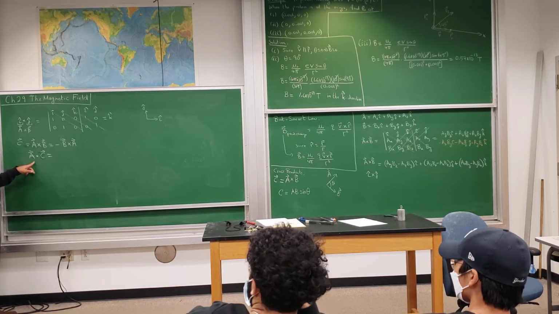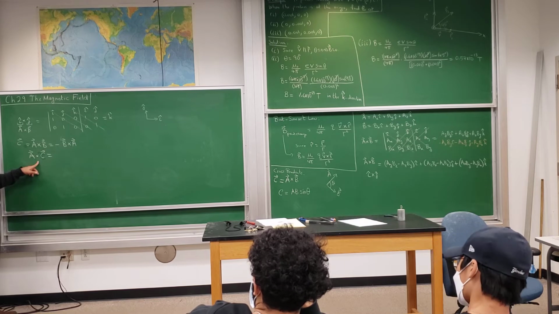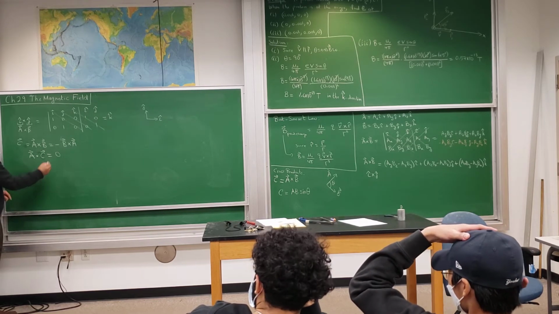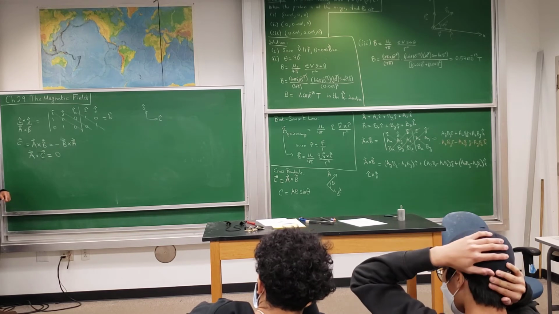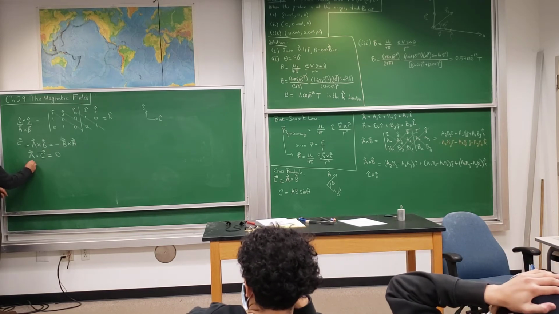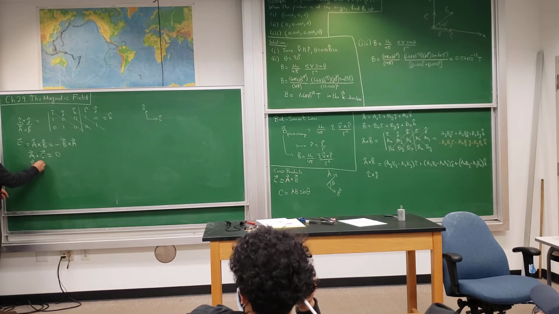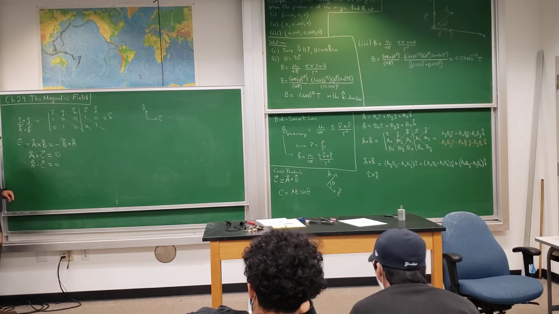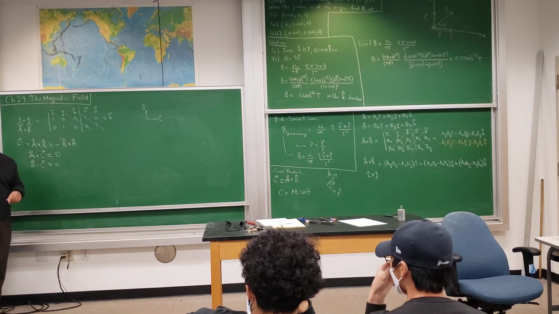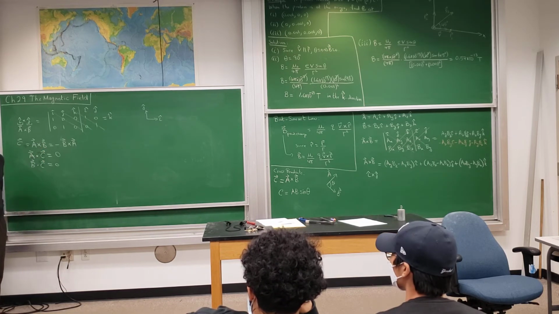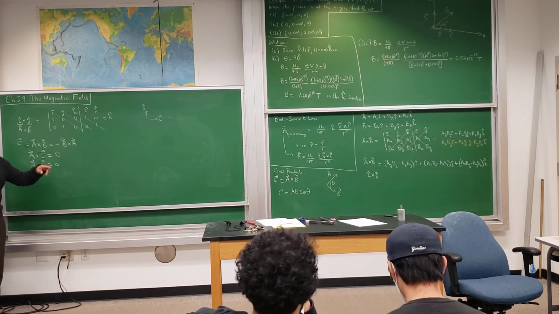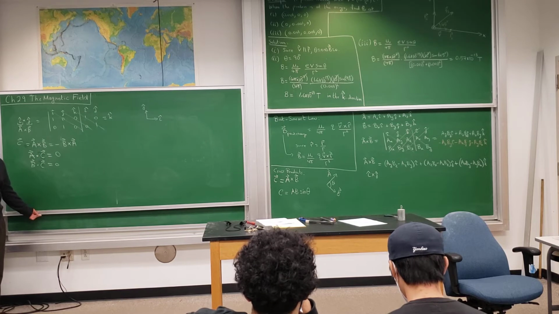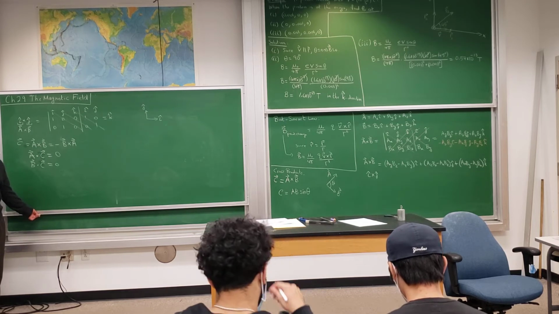Since it's perpendicular to both of them, the dot product of two perpendicular vectors is zero, because the dot product depends on the cosine. And if you do B dot C, you will get zero again, because it's perpendicular to both. And there are other relationships, like A cross B cross C, that you can derive.